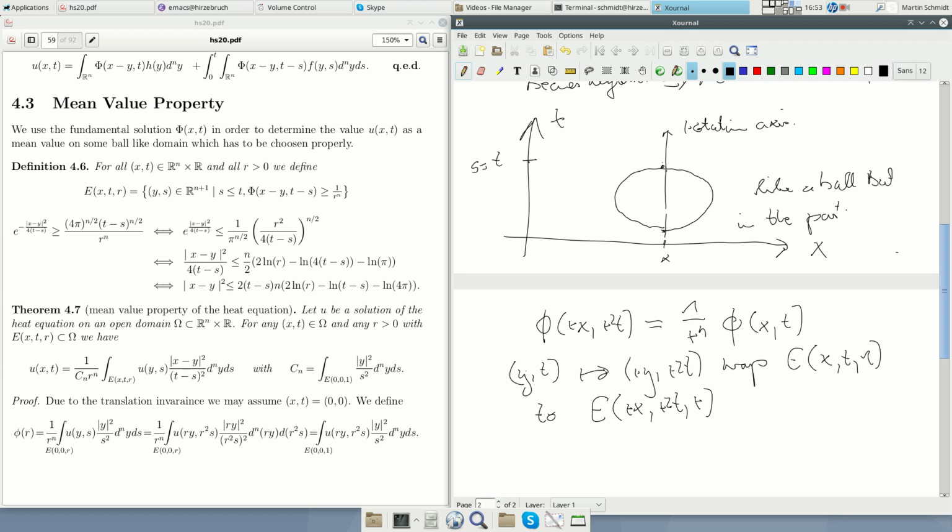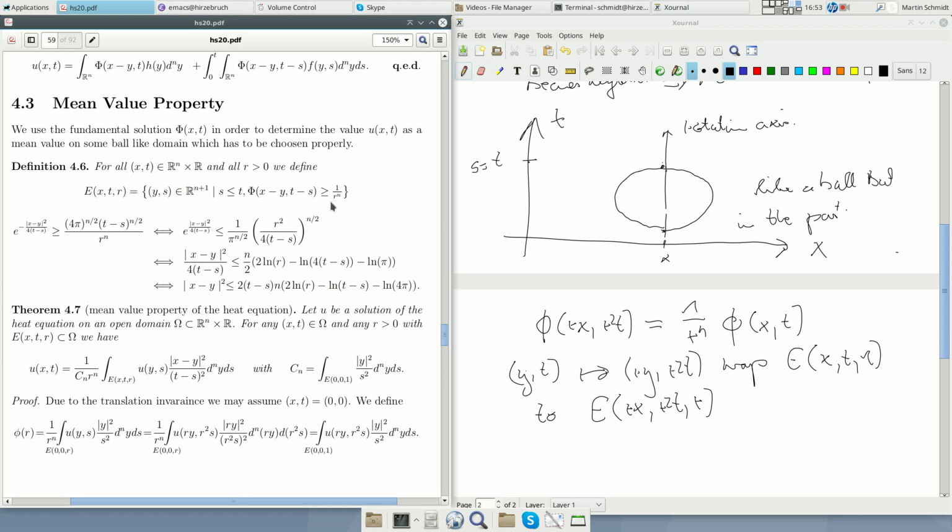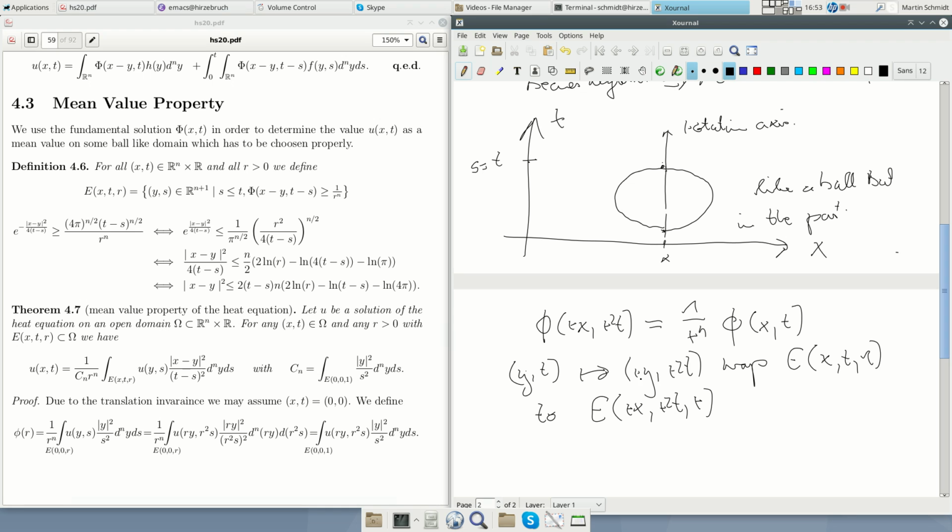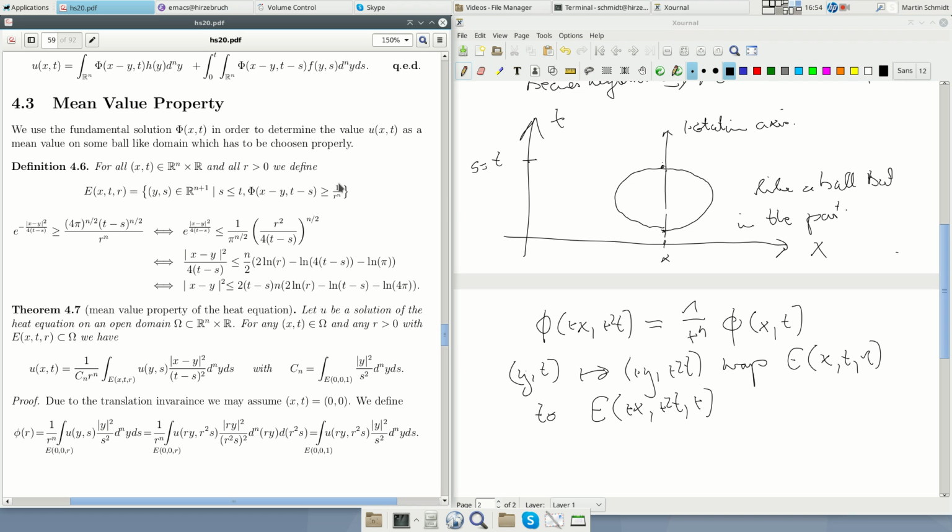So if we insert this, we want that if x and t obey this equation, then we have 1 over r^n.